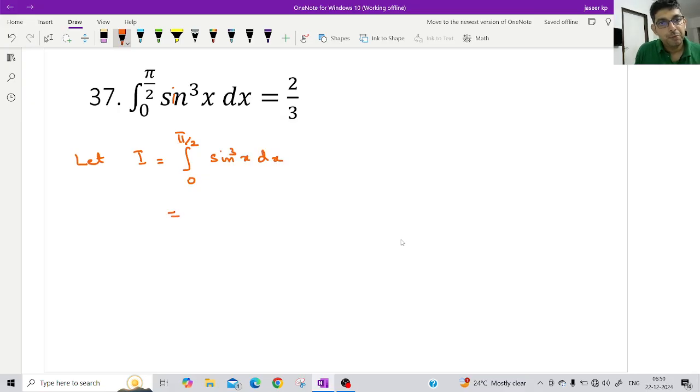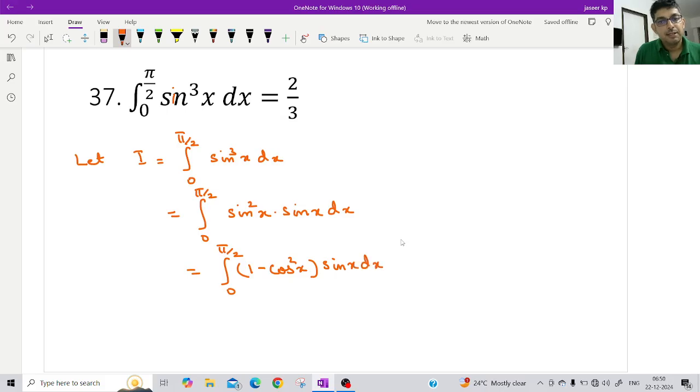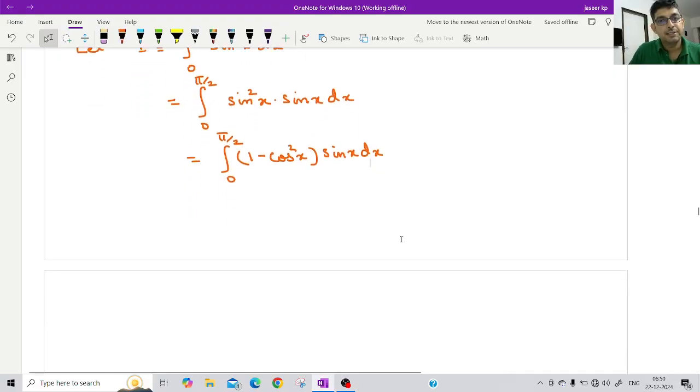So sine cube x can be written as sine square x into sine x dx. Again, sine square x can be written as 1 minus cos square x into sine x dx.